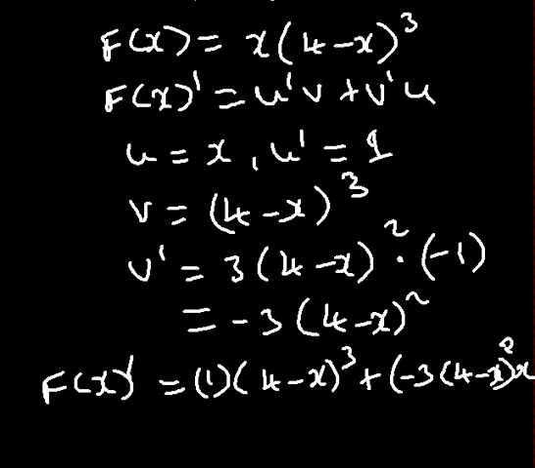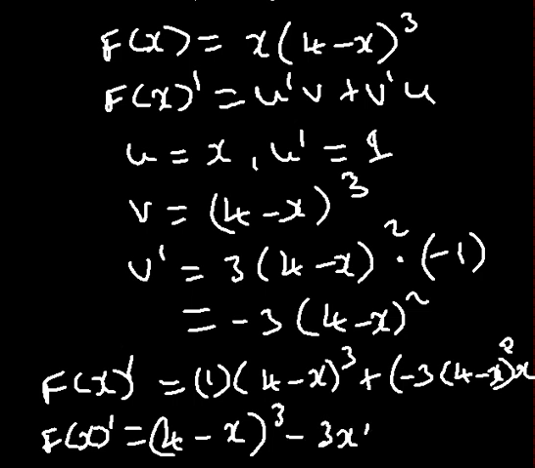Of course this is the same as having f prime of x given as 4 minus x to the power 3, plus x times negative 3, that is negative 3x, times 4 minus x to the power 2.